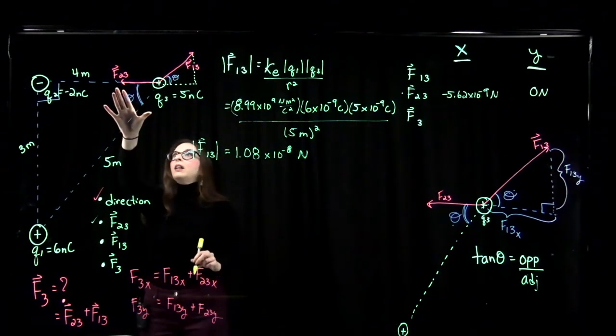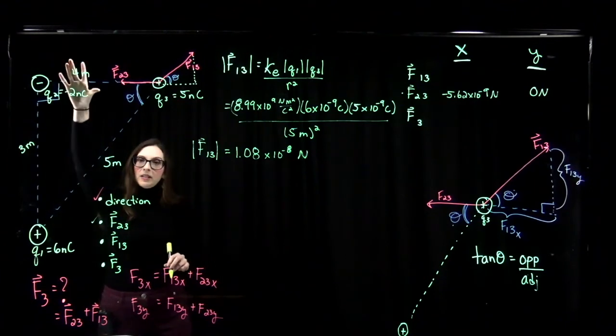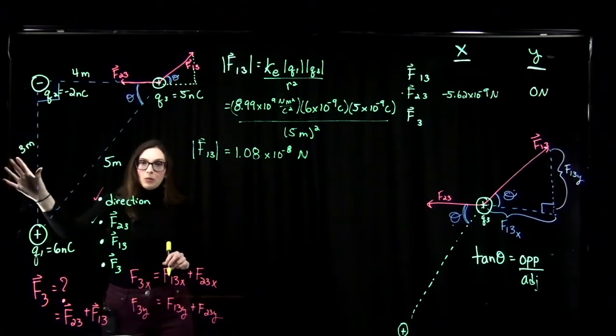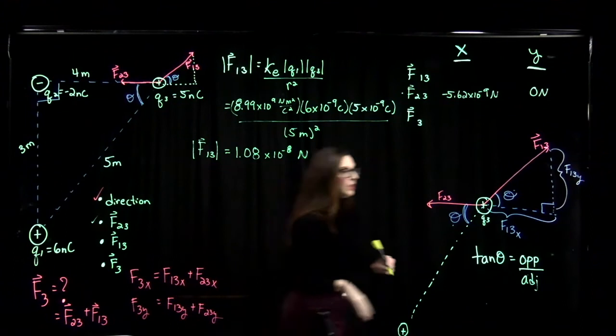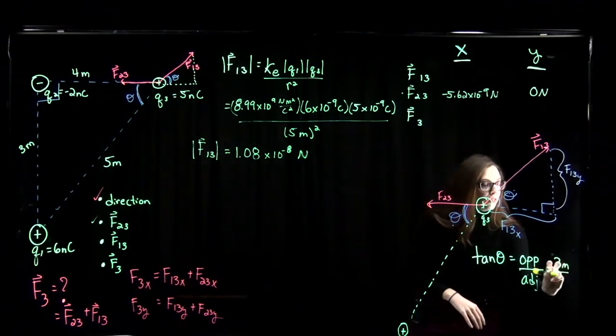For this angle theta, my opposite side is 3 meters. My adjacent side is 4 meters. So tangent of theta is going to be 3 meters over 4 meters.